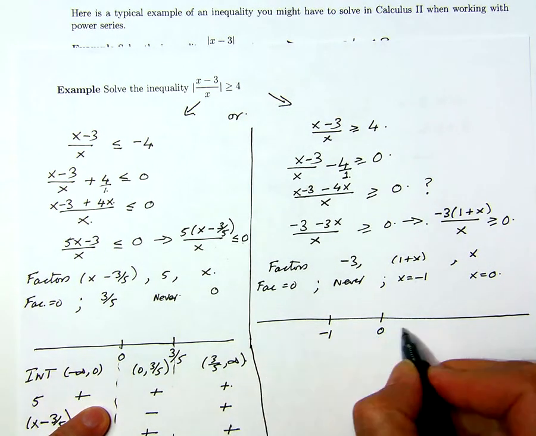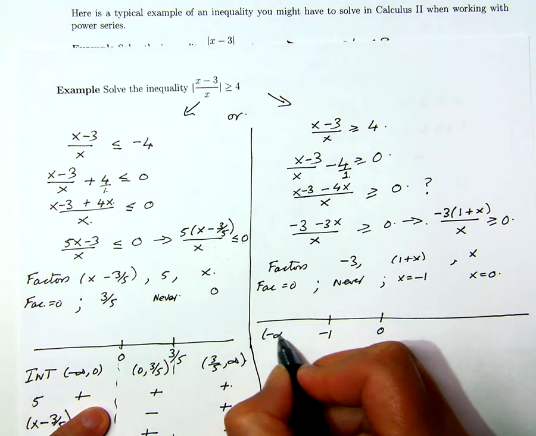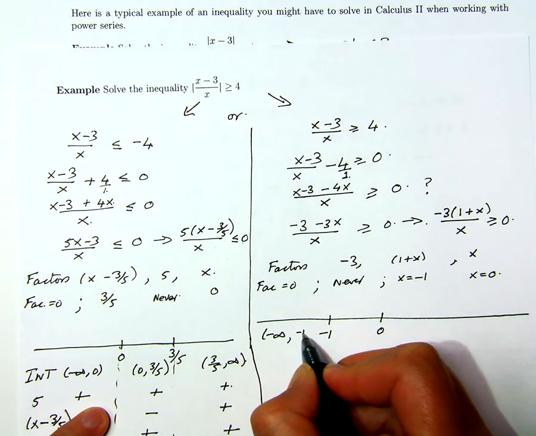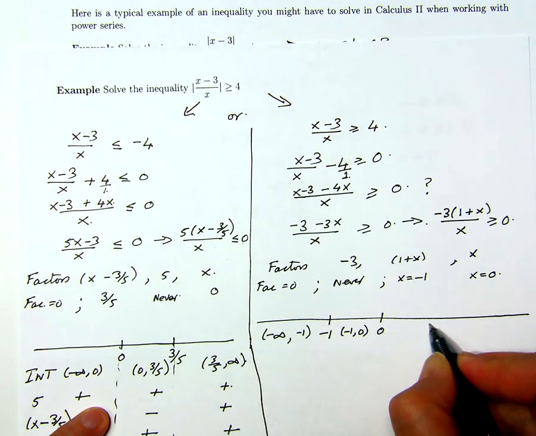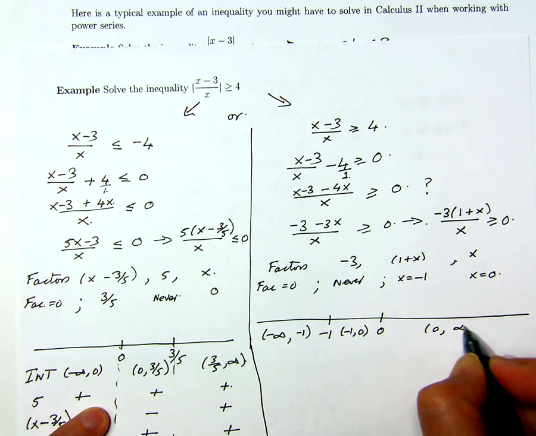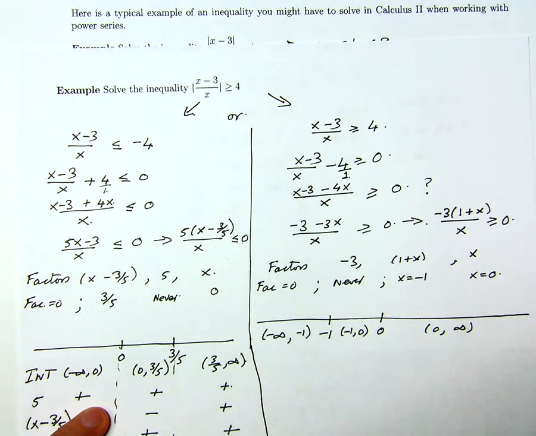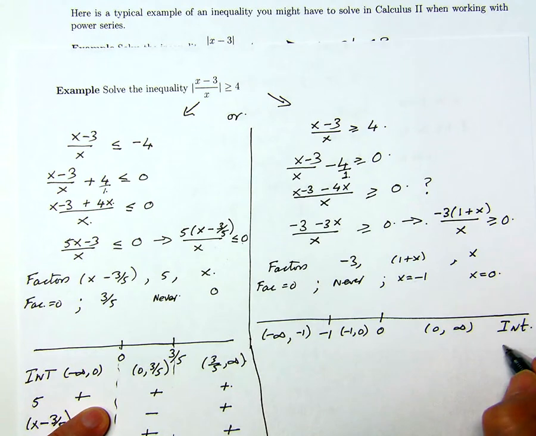So these 2 points split the real line into 3 intervals, and the sign of this rational function remains constant on all of those 3 intervals. So these are my intervals, and I have to figure out the sign of each factor.